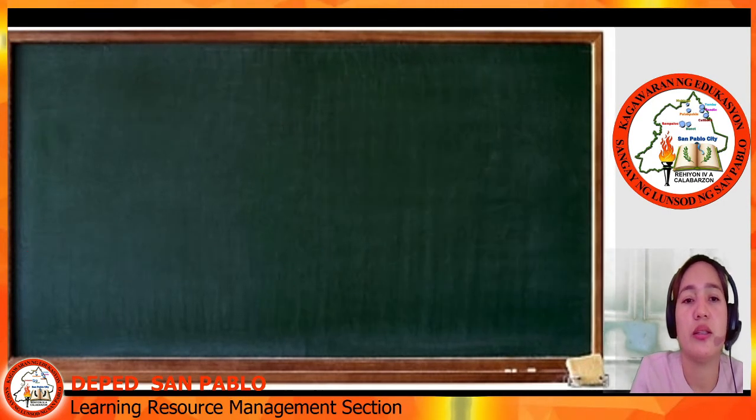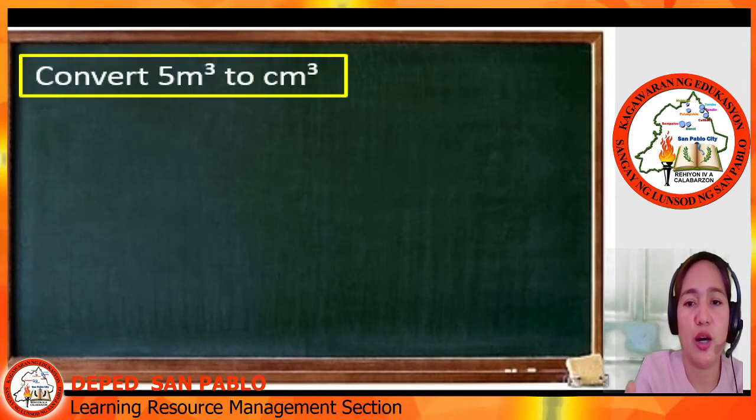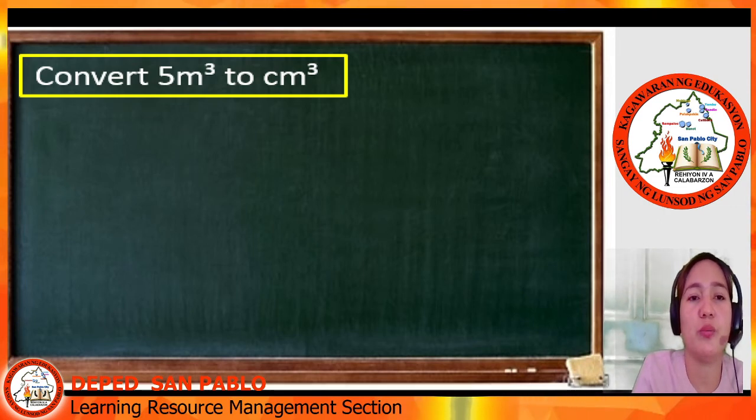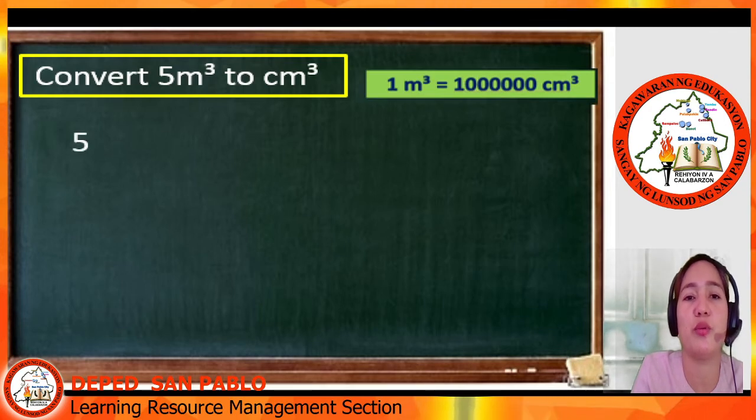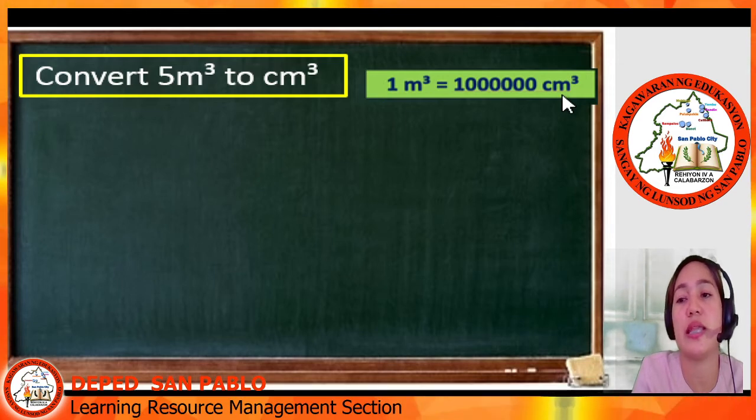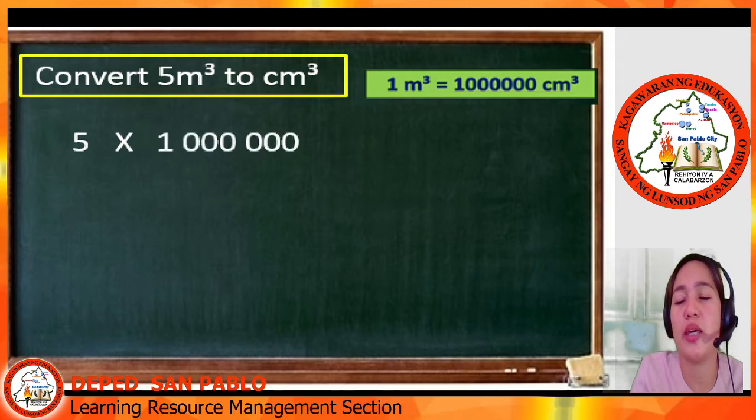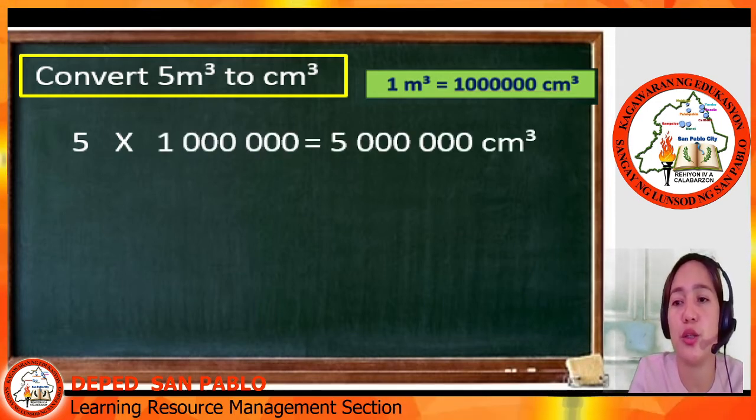Okay. Next, on the other way around, we can convert cubic meters to cubic centimeters. So convert 5 cubic meters to cubic centimeters. Again, going back to the conversion, 1 cubic meter is equivalent to 1 million cubic centimeters. So we have 5 multiplied by 1 million, so of course, you will have 5 million cubic centimeters.